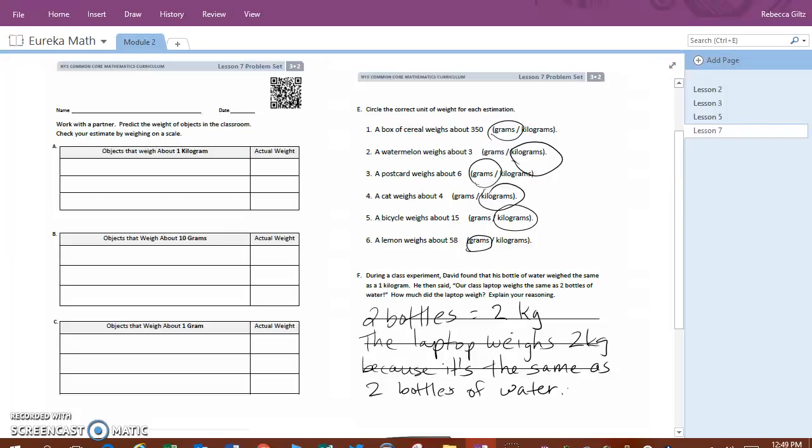Okay, so if 1 bottle is 1 kilogram, 2 bottles are 2 kilograms, 3 bottles are 3 kilograms, and so on. So since the laptop weighs the same as 2 bottles of water, we could say it weighs 2 kilograms.